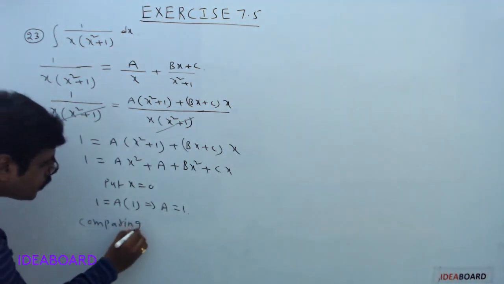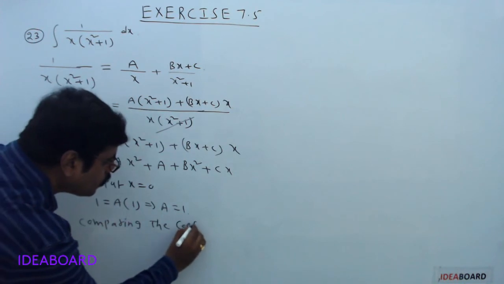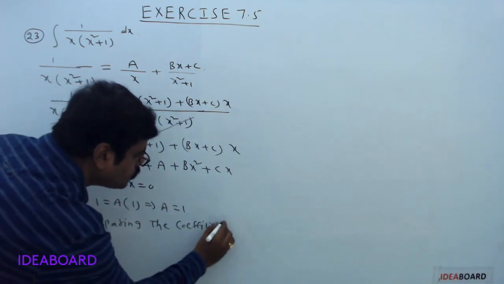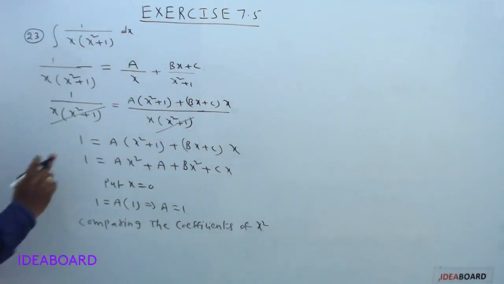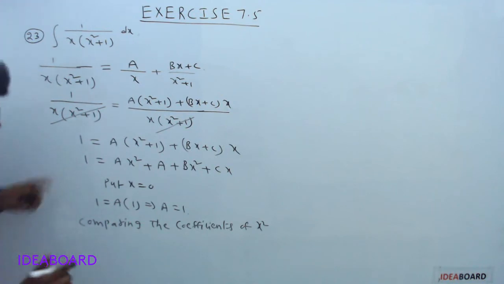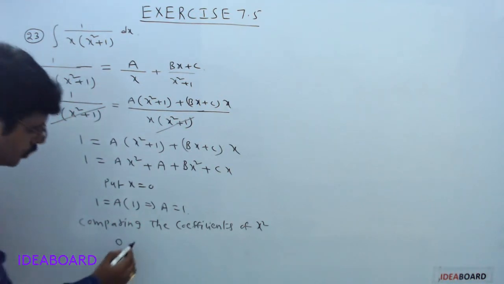Now in the left hand side there is no x square term. So coefficient of x square is 0.